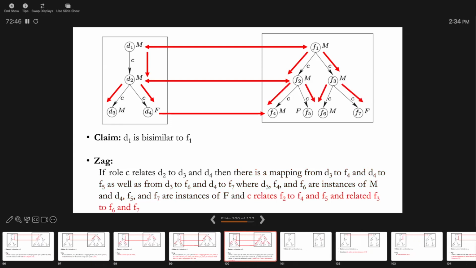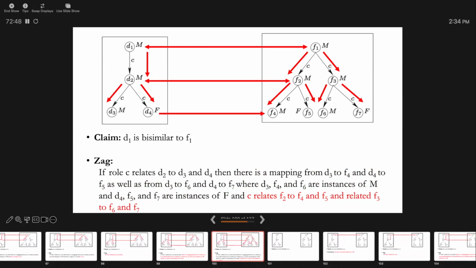In addition, C relates F2 to F4 and F5, and F3 to F6 and F7. Basically, what I've done is walk through that intuition where I said you can mirror the structures on both sides.